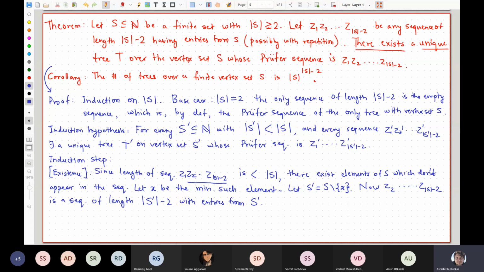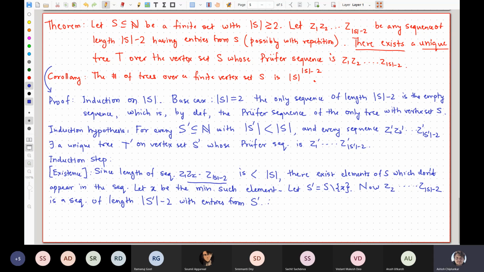Just check each and every statement that I'm writing. X does not appear in this sequence at all. Even if I forget the first element, the remaining sequence is not going to contain X, and therefore it's a sequence over S minus X. Its length is 2 less than the size of this set, S prime.